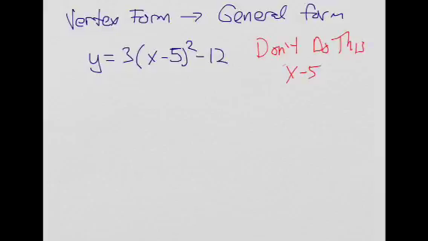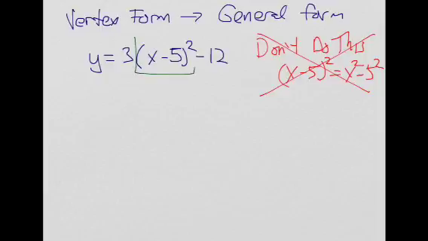X minus 5 squared is not x squared minus 5 squared. That is bad. Never do that. We can't distribute a power. It's not multiplication. We have to FOIL it out. We have to multiply it out. In this case, I'm going to do it with the Punnett square.